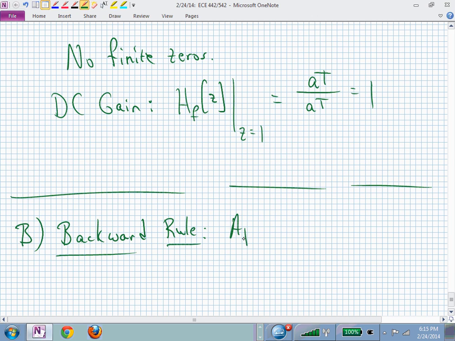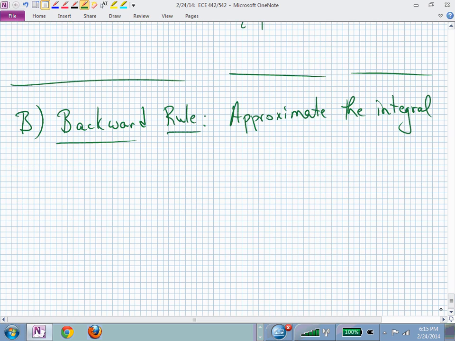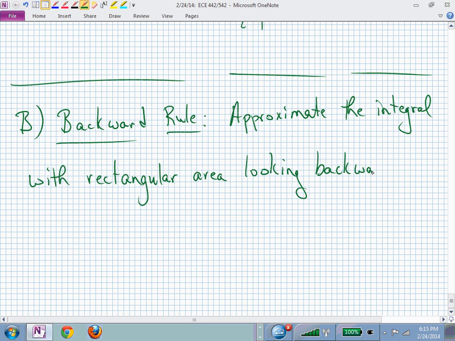Now we're going to approximate that integral with the rectangular area looking backward from x of nT.